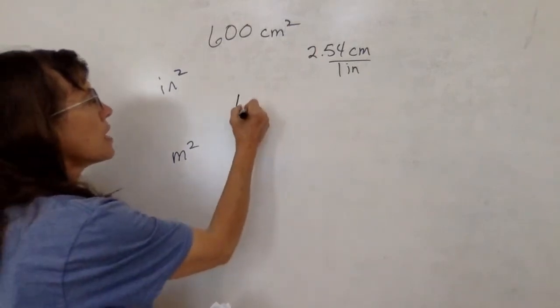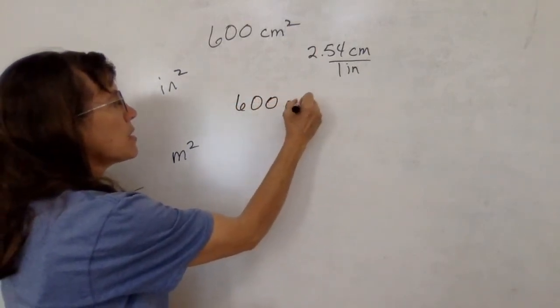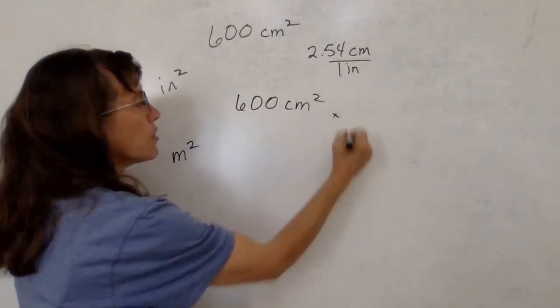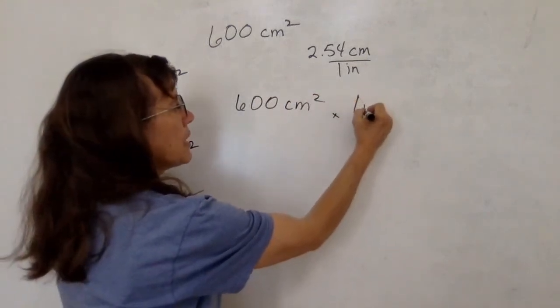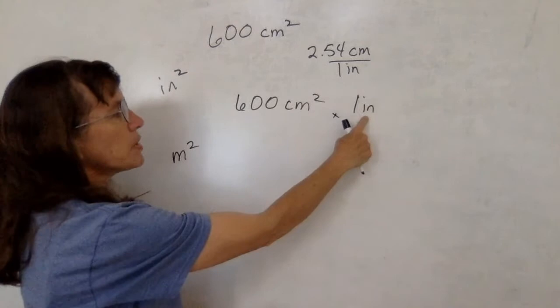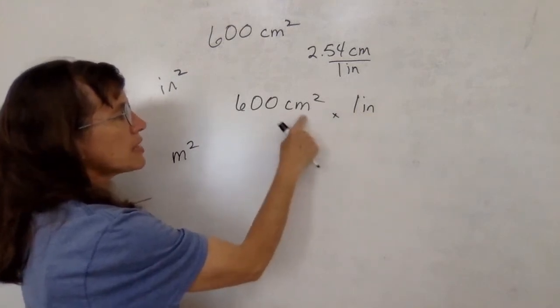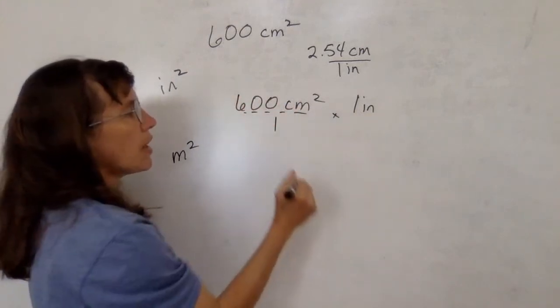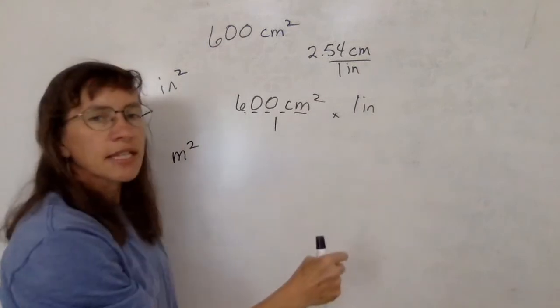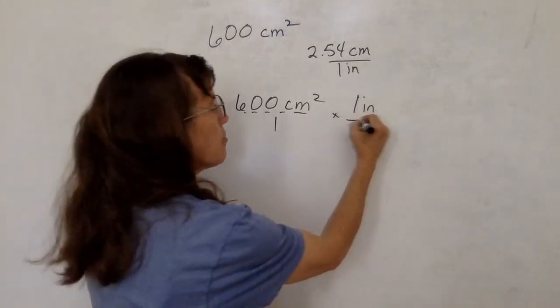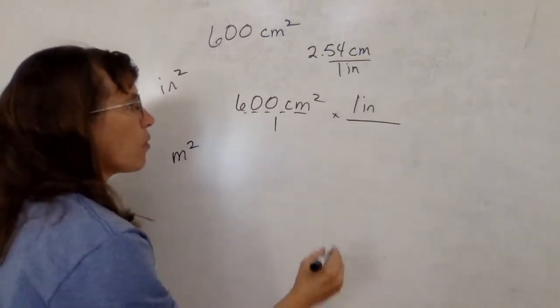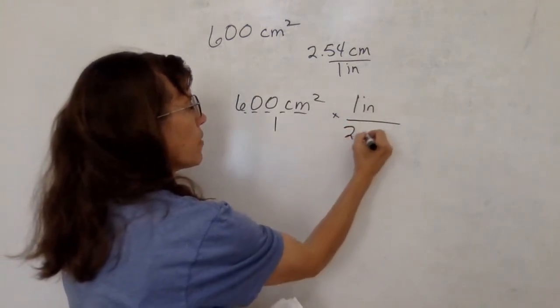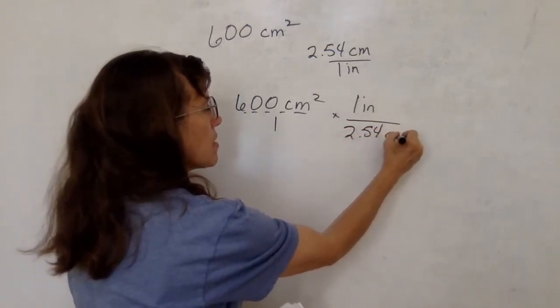So if we go 600 centimeters squared, and then we multiply, we say 1 inch. The reason you put the inch on the top is because the square centimeters here is roughly over 1, and it needs to be able to cancel out with the square centimeters in the bottom. So 1 inch is 2.54 centimeters.